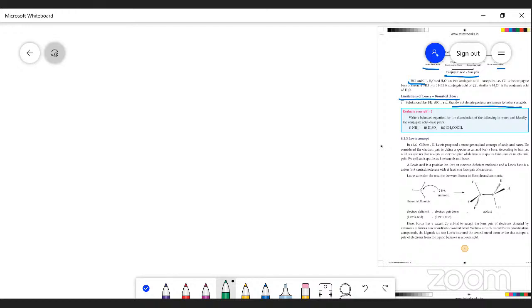Okay, NH4. What is called NH4? Ammonium ion, not ammonia. This is not ammonia. This is ammonium ion. Ammonia is different from ammonium ion.